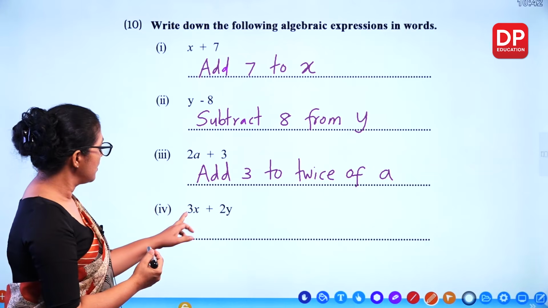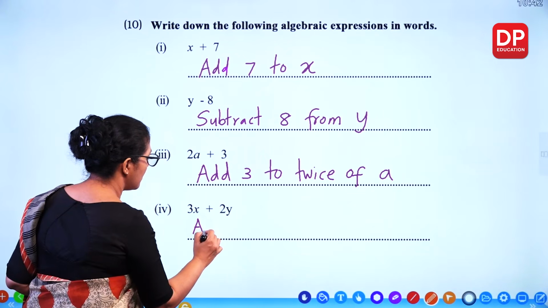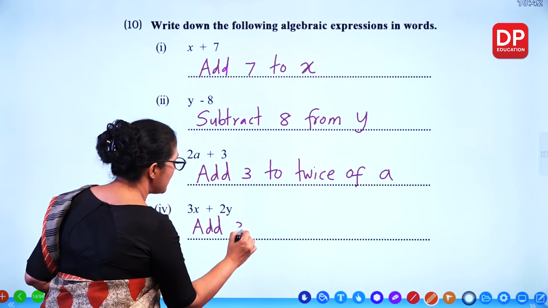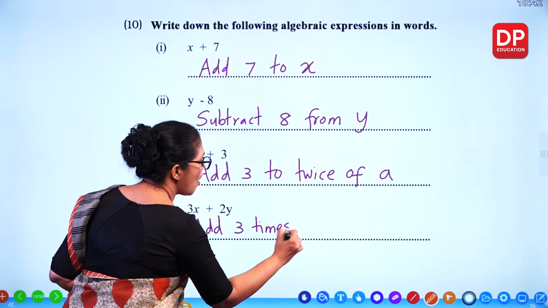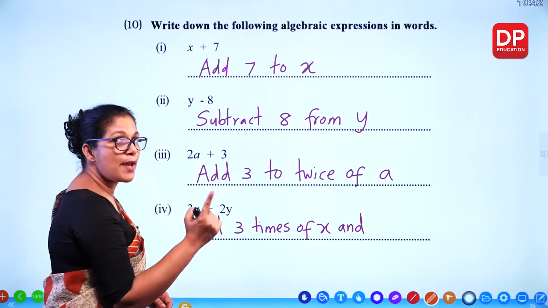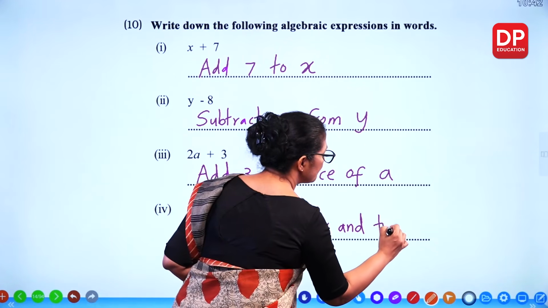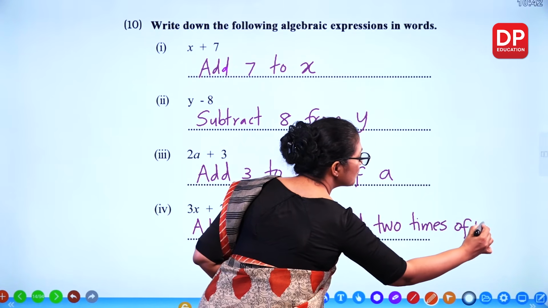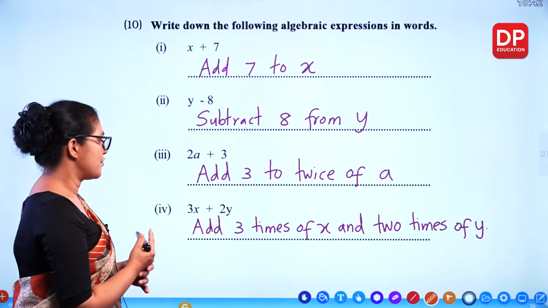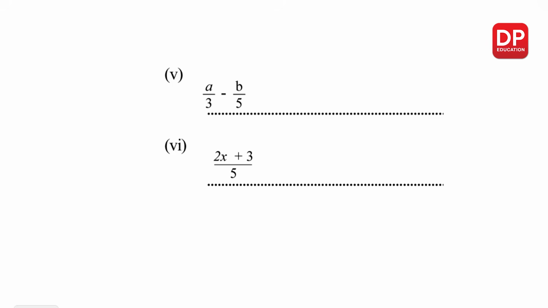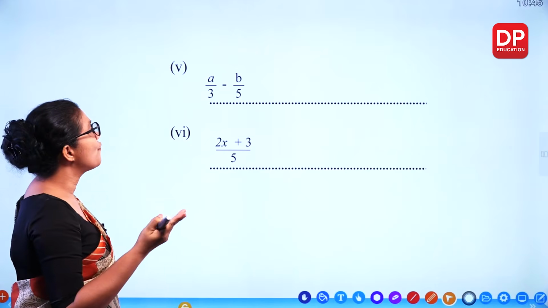This one: add 3 times x and 2 times y. So add these two. Add 3 times x and 2 times y. Look at this one. This is divide by 3, divide by 5. So we can say 1/3 of a, 1/5 of b.